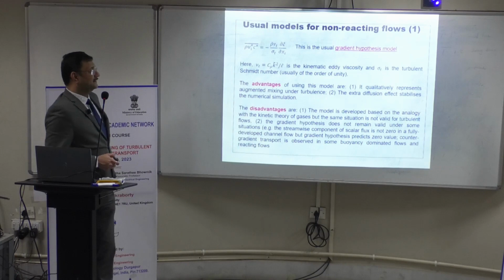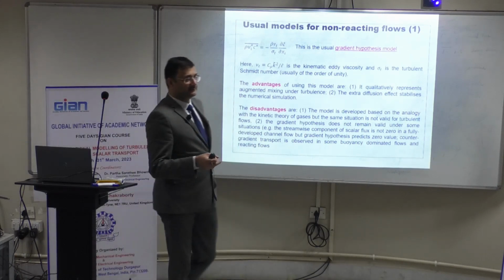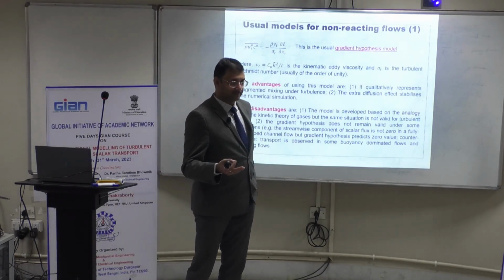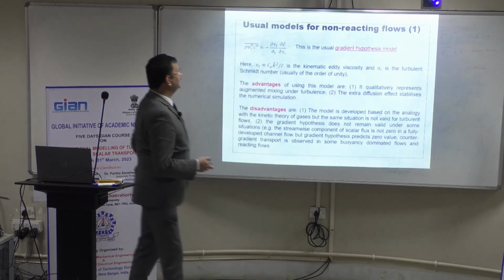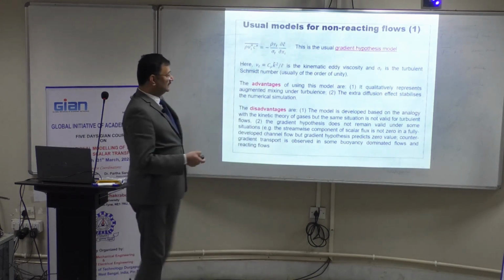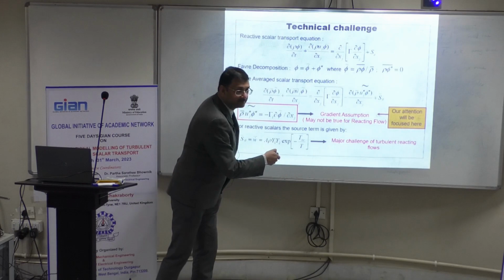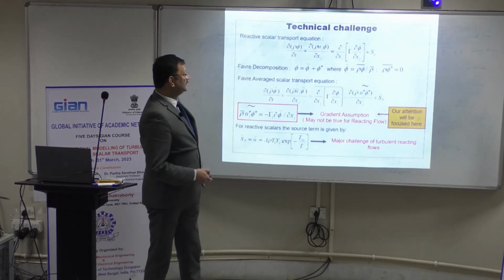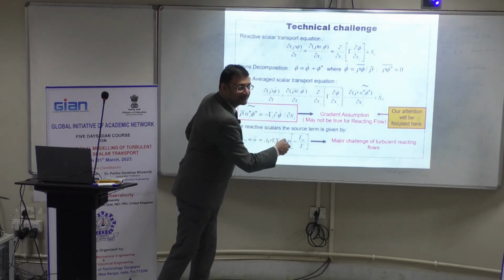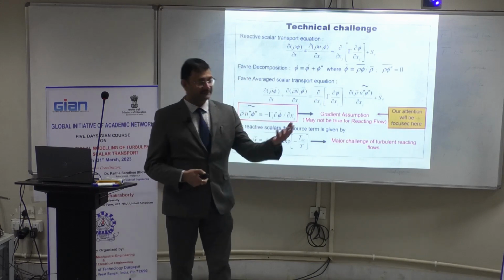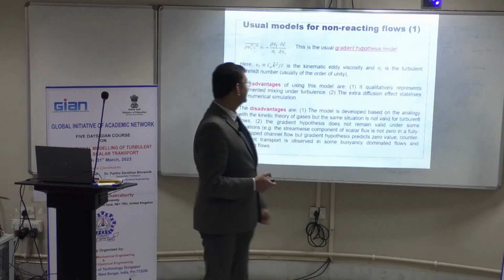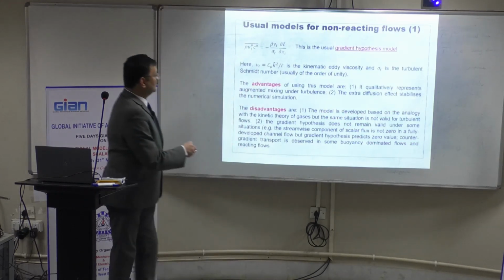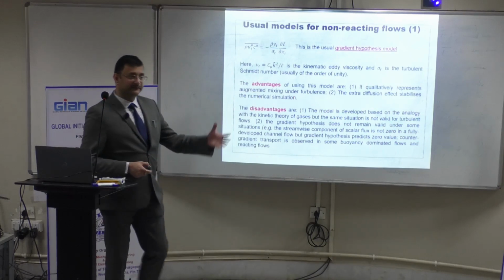The advantage is that we already know that under turbulence the mixing rate goes up. So once you put it in the governing equation here, we'll get a term very similar to this one with an augmented diffusivity, which will represent a higher rate of mixing or higher rate of diffusion.